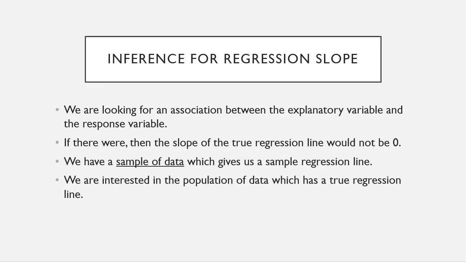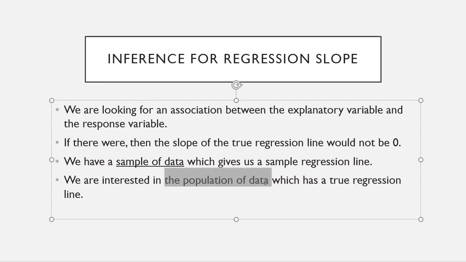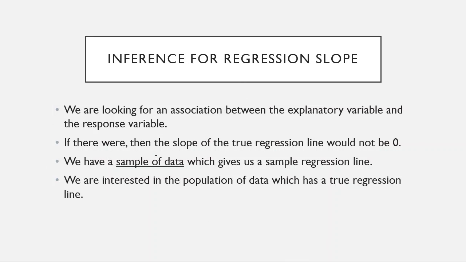So there's a difference between the population data and the sample data. We're only going to have a sample of data, and we're trying to figure out if there is a true regression line. Of course, we'll never know because we would never have the full population. But if we did, there'd be a true regression line. What would be the slope of that regression line? Of course, we don't know what it is, but we can estimate it using what we see in the data.